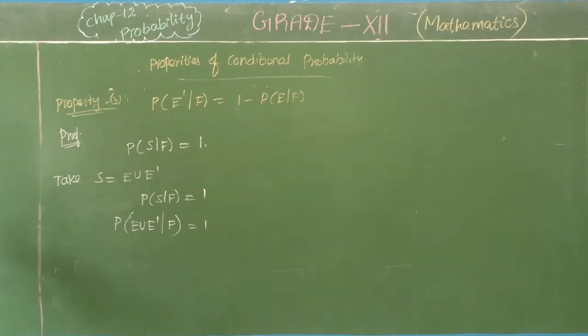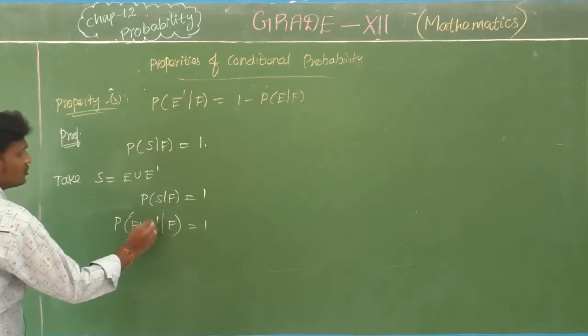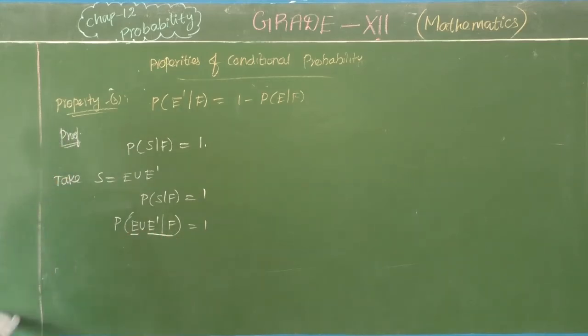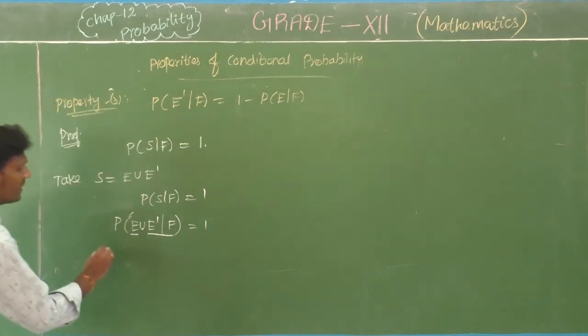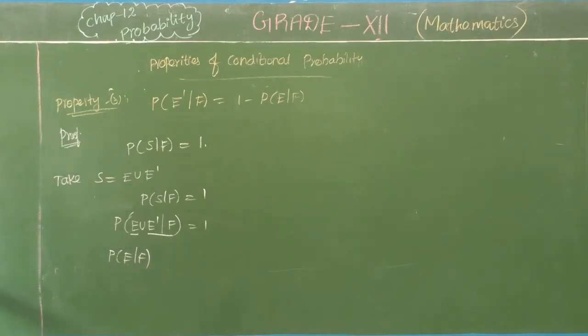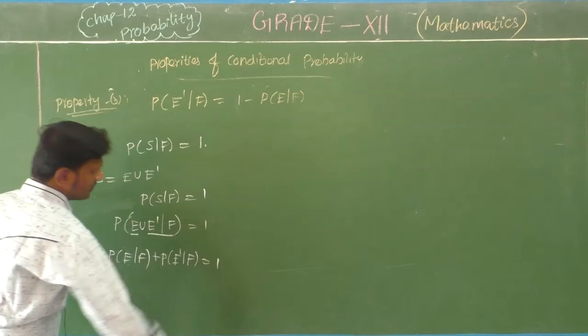Here E and E bar are two disjoint events, no? So I am going to expand this. We take these two as one event and the other as another event. So P of E union E bar by F can be taken as P of E by F plus P of E bar by F, which is equal to 1.